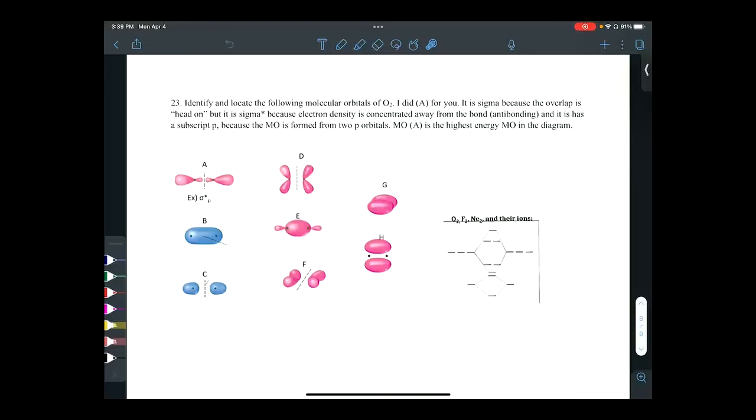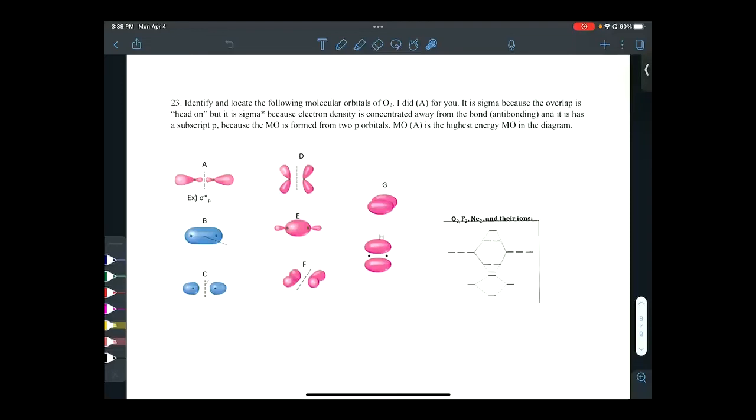Versus if the waves interact destructively, essentially their waves are off by a phase, then you get destructive interference, so that is an anti-bonding orbital, so it has a little star next to it. The whole idea of head-on sigma interactions and side-by-side pi interactions still applies. We just add the idea that they can be in phase or out of phase interactions, so it can be bonding or anti-bonding.